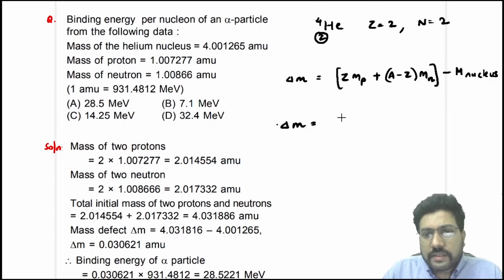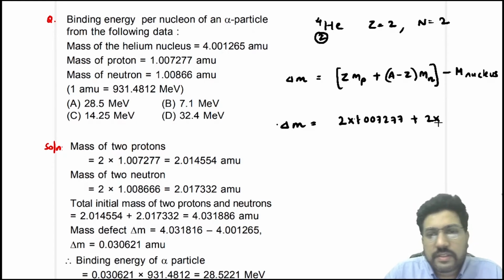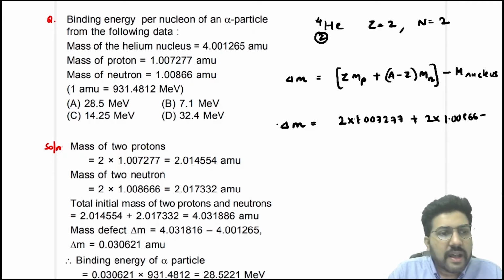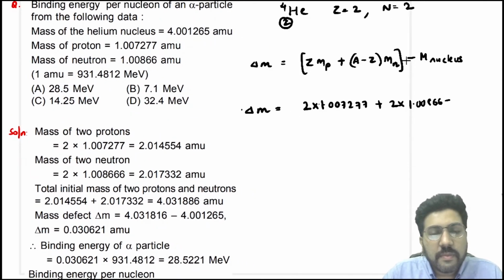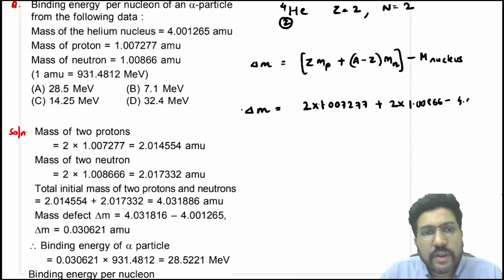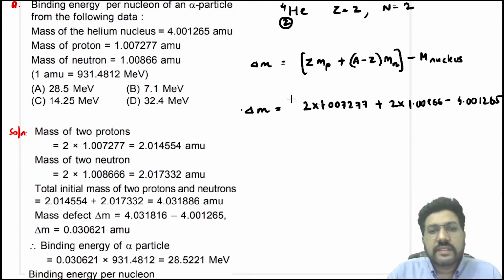So 2 into mass of proton. Mass of proton is 1.007277 plus A minus Z is 2 into mass of neutron is 1.00866 minus the mass of nucleus. The mass of nucleus is 4.001265. So this is the mass defect.